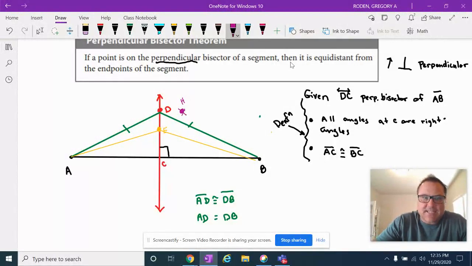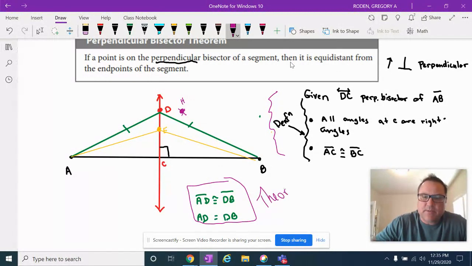So that's what the perpendicular bisector gets. This is what you get from just the definition of a perpendicular bisector, and this is what you get from the theorem: a little extra piece of information that those two distances are equal to each other if the point is on the perpendicular bisector.